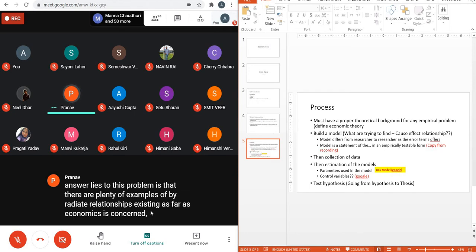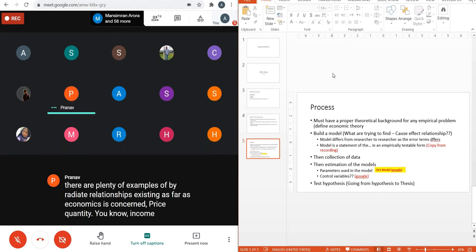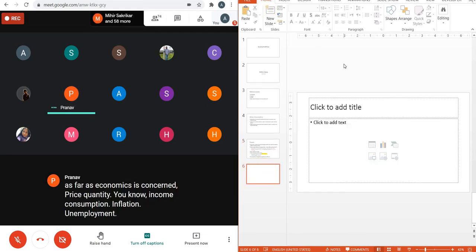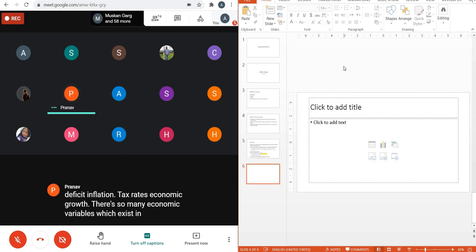Price, quantity, income, consumption, inflation, unemployment, fiscal deficit, inflation, tax rates, economic growth. There are so many economic variables which exist in pairs.